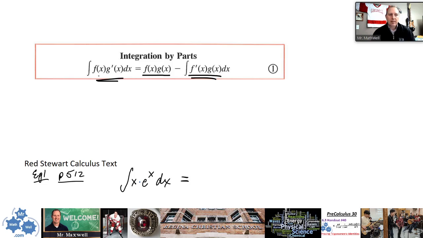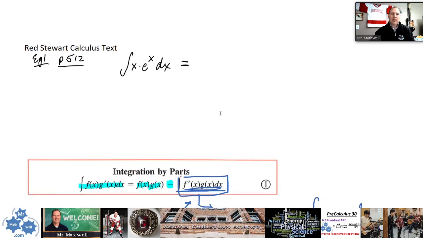So what does that mean? Well, that means that for these two functions here, I need to know the derivative of this function right here, and I need to know the integral of this function right here. And so let's do this example right here, okay? If you're following along in the textbook, this is from the Stewart Calculus textbook, page 512. We'll do this example.